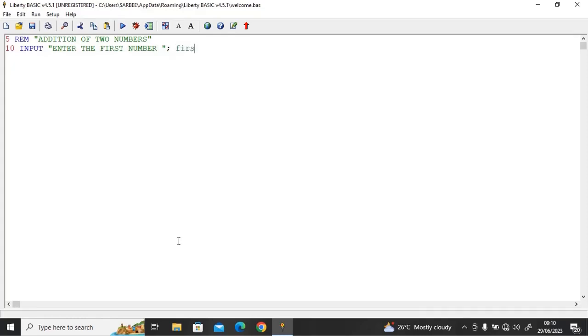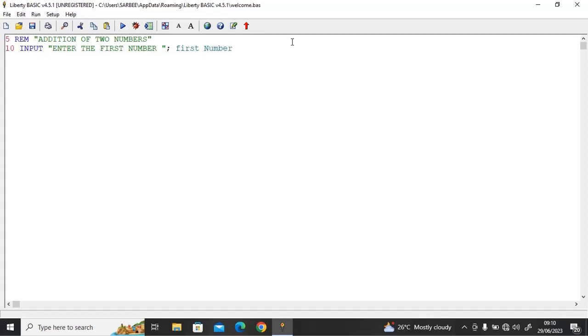So I will use camel case. So firstNumber, this is what we call camel case declaration of variable. We have camel case, we have snake case, we have Pascal case. In camel case, the first word is in small letter. If you have two words and I put a space there, this will not declare; it's an error in variable declaration.